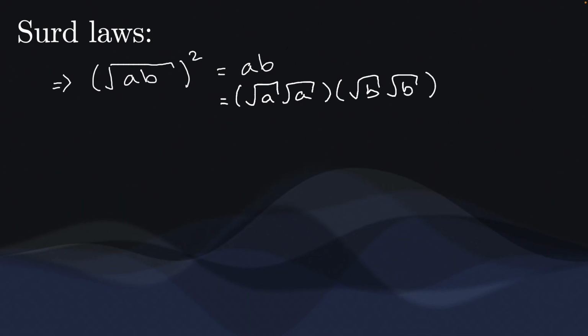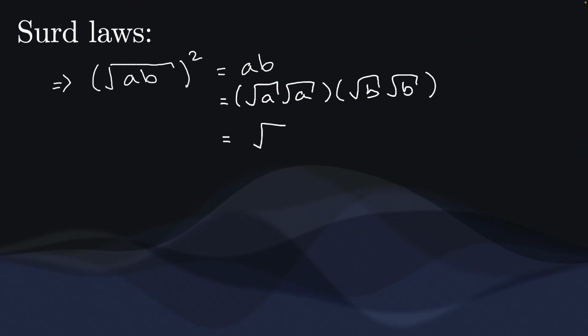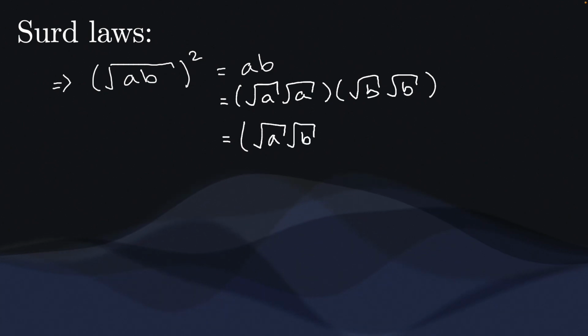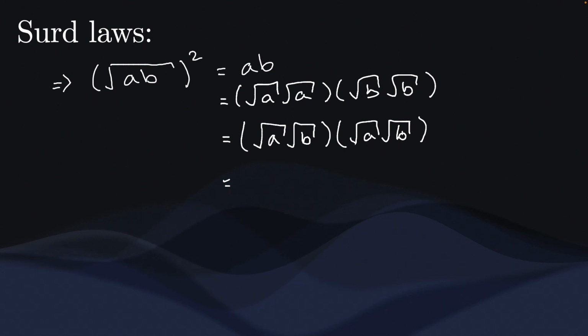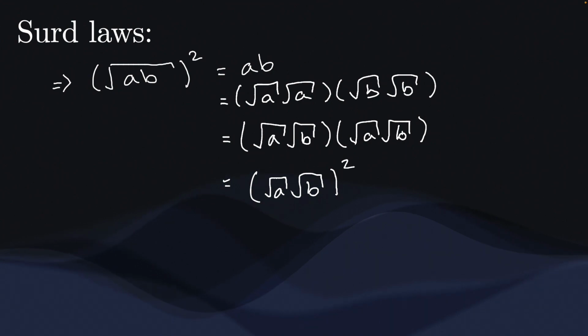And if you just rearrange that, you can find that that is equal to the square root of a times the square root of b, times the square root of a times the square root of b, because they're all multiplied by each other. And because this is the same as this, therefore we can just write that that is equal to the square root of a times the square root of b, all squared.